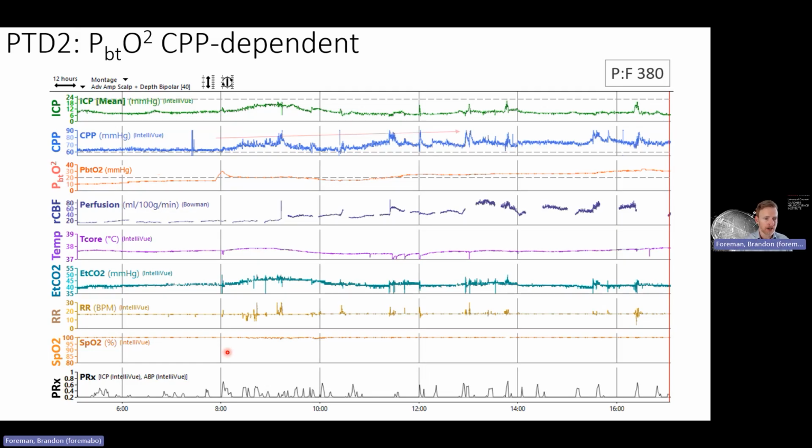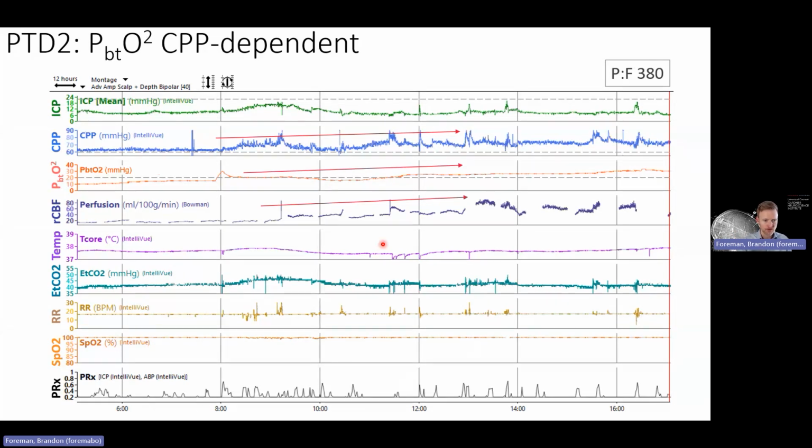Now, the red areas that I'm showing you here highlight a clear correlation between the CPP, the brain tissue oxygen, and the cerebral blood flow. What this suggests is that when our brain tissue oxygen is low, this happens to reflect a problem with perfusion. We have a CPP-dependent brain tissue hypoxia.